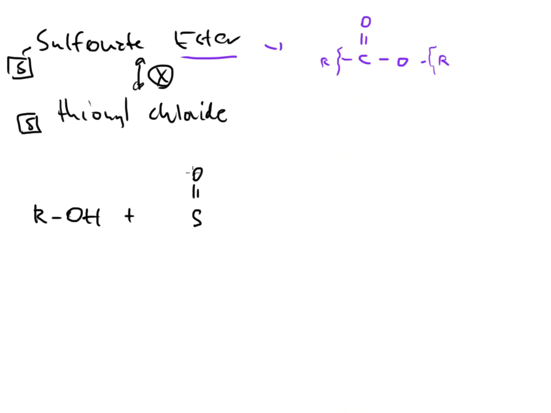S double bond O. But it doesn't have one, it actually has two. And you can kind of think of this as my C double bond O, but it's an S double bond O double bond O. Okay. And then off of here, we have a chlorine, and then we have just some kind of random alkyl group. This is something in particular that we will call a sulfonyl chloride.